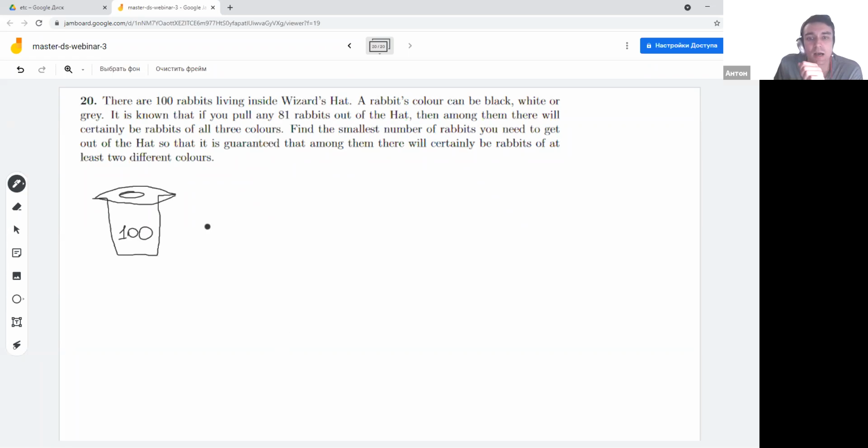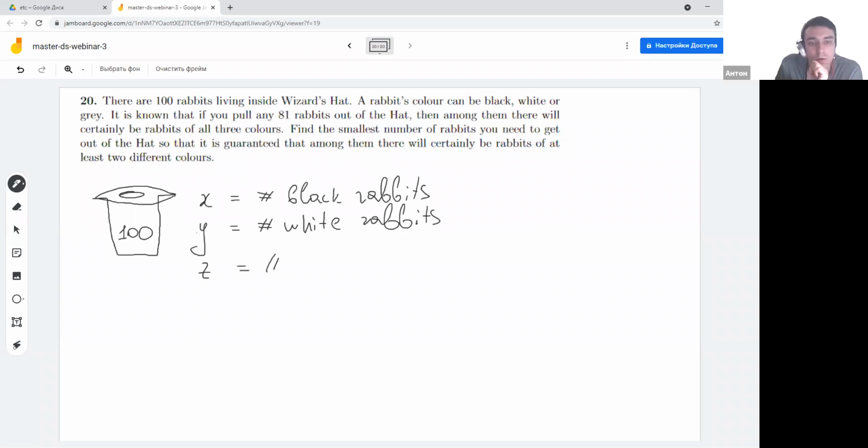So these rabbits are black, white, and gray. Let's say that X is the amount of black rabbits, Y is the amount of white rabbits, and Z is the amount of gray rabbits. Then we know that X plus Y plus Z equals 100.